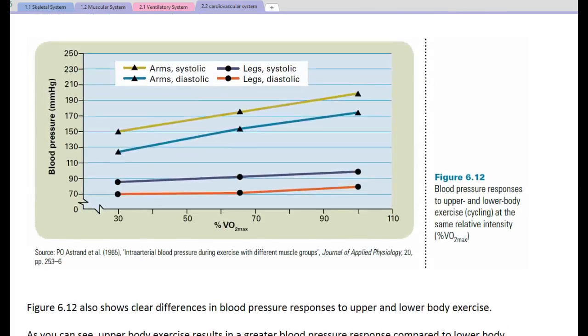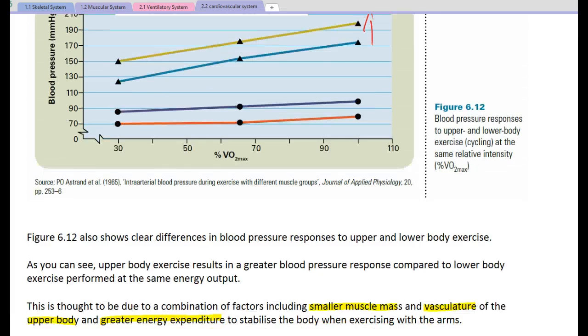And up here with our cycling, our legs are moving, our arms aren't. So looking at the pressure within the arteries of our arms, likely because they're static, whereas our legs are turning over, we're likely to have a higher blood pressure than within the arteries in the leg.